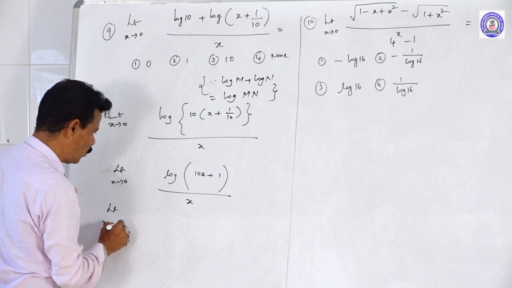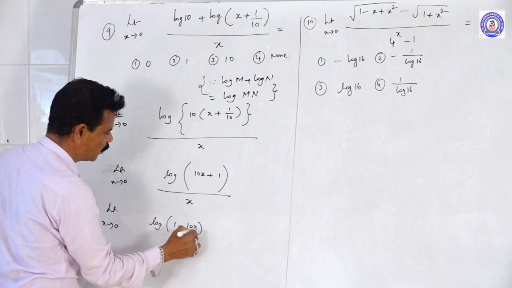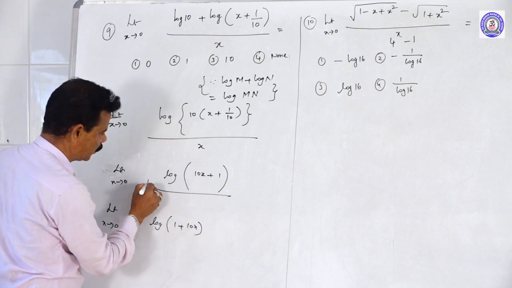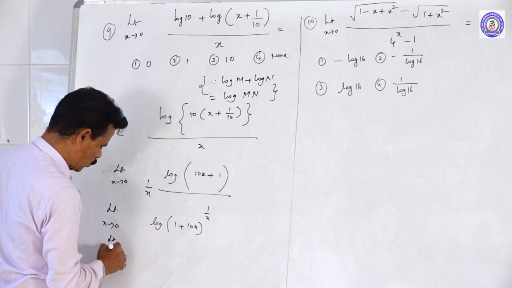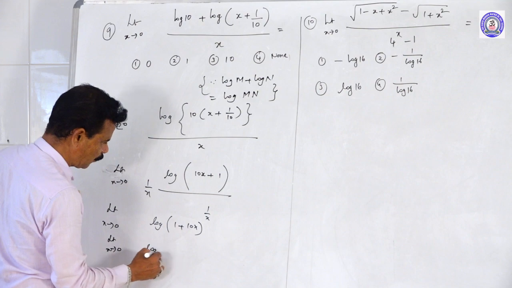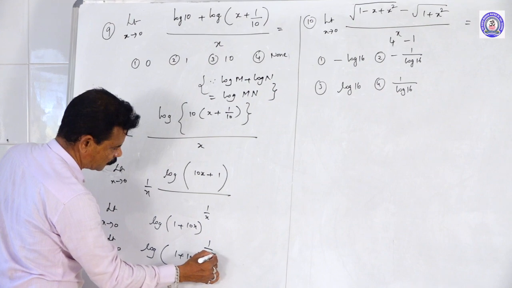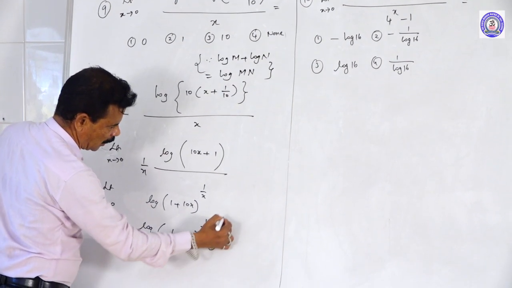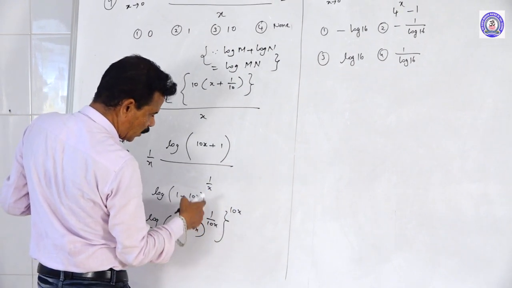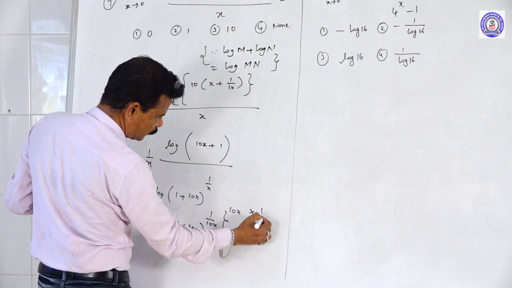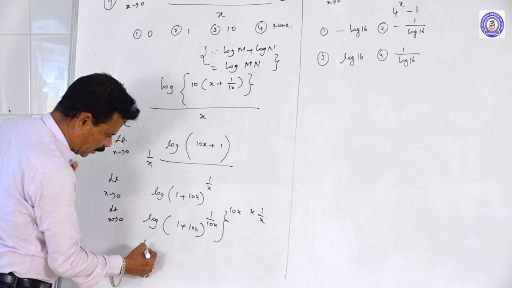Limit x tends to 0, log (1 plus 10x) to the power 1 by x. Next, log (1 plus 10x), its reciprocal is 1 by 10x. So this is an extra term, again multiply by 10x and this is cancelled. This 1 by x again we write here. Up to here, this value is e.